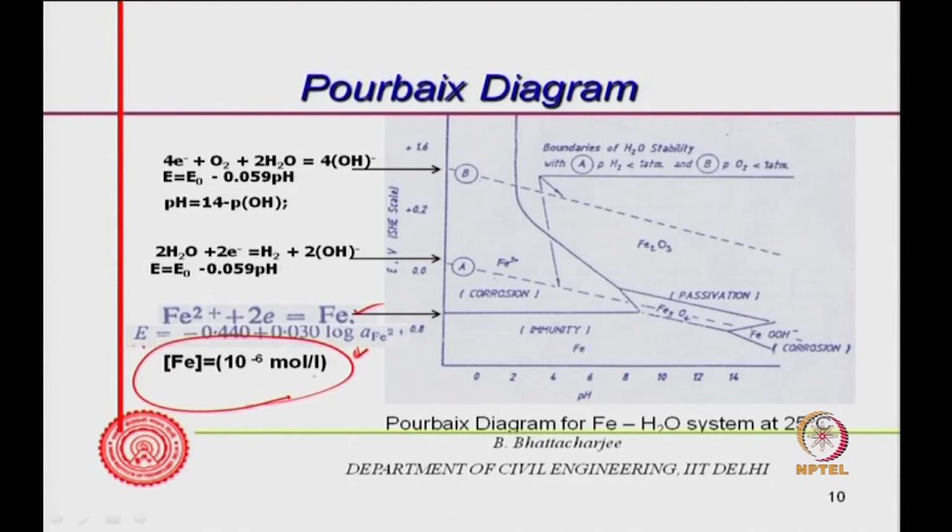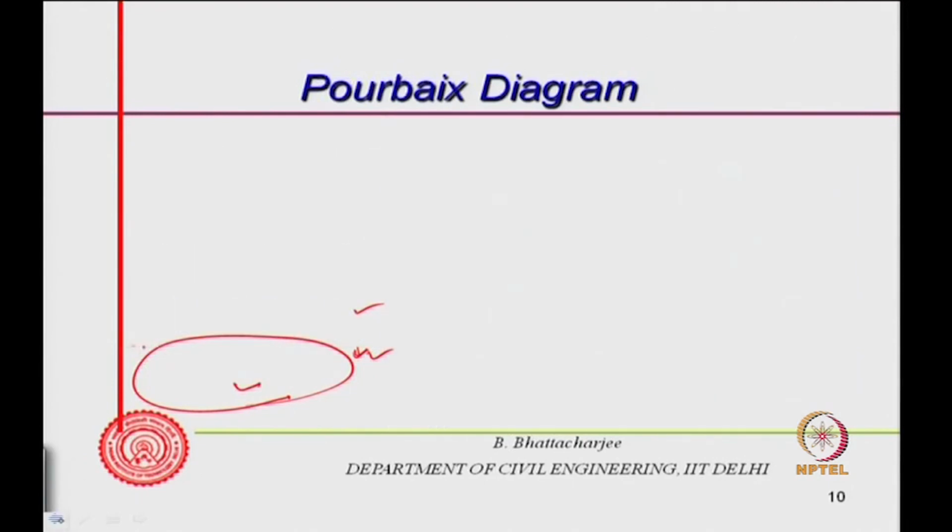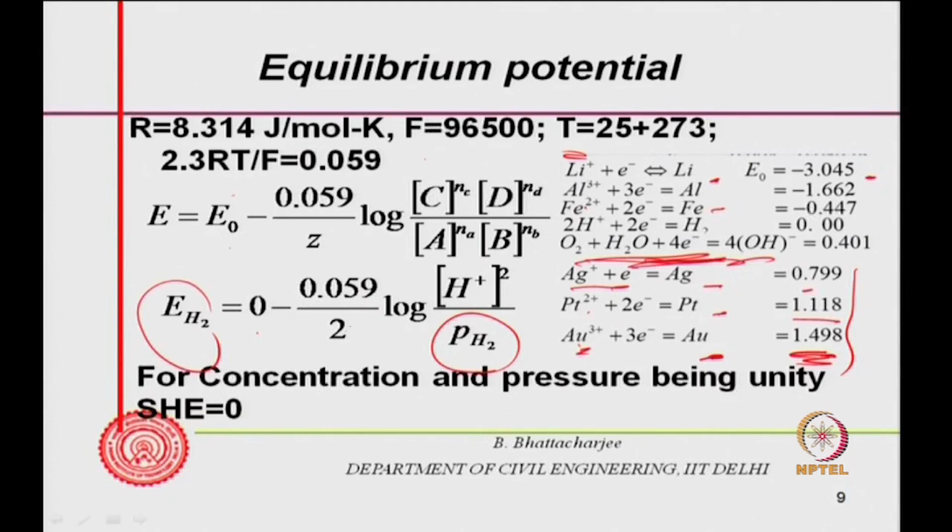So, E is constant if I put some concentration value of Fe, because this will relate to concentration, 2.303 etcetera. We have already written 0.059 by 2 here, in the case of the iron reaction, because Fe dissolves into Fe2+ plus 2 electrons.